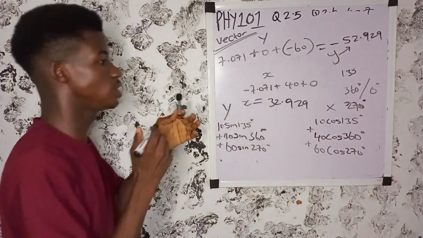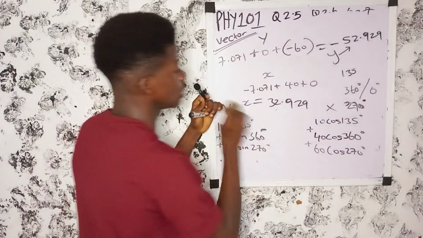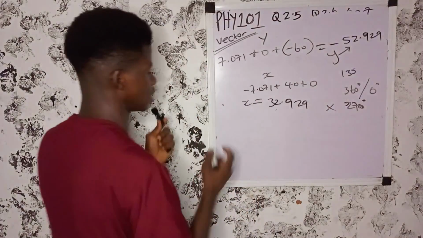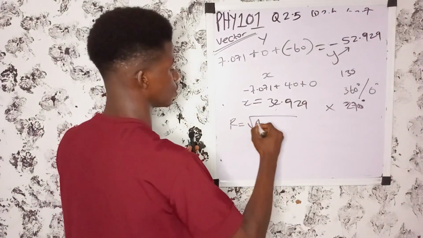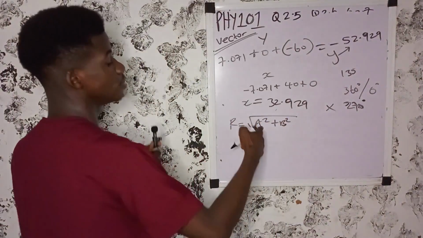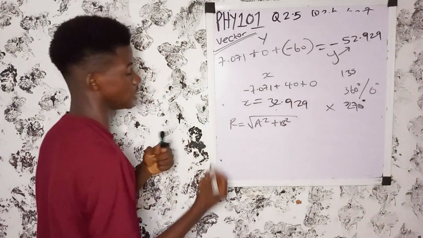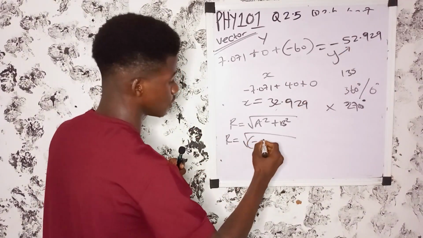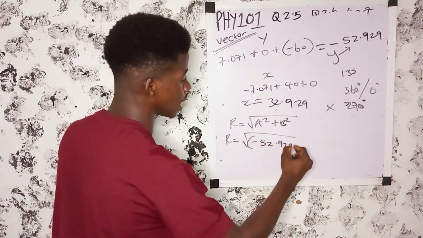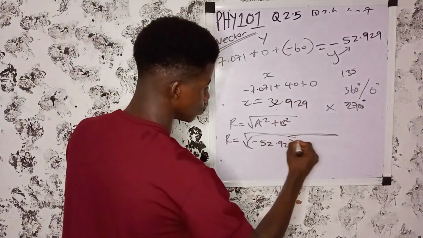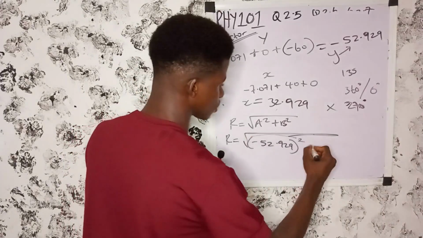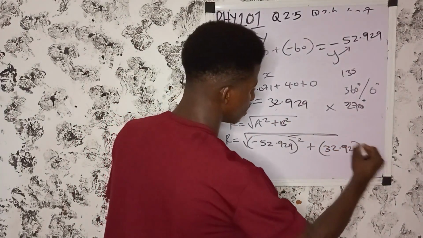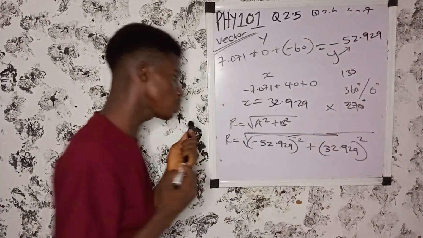Now let's use these two to calculate the resultant. Remember, the resultant is the root of a squared plus b squared. You can put y squared plus x squared, it's the same thing. So r equals the square root of minus 52.929 squared plus 32.929 squared.